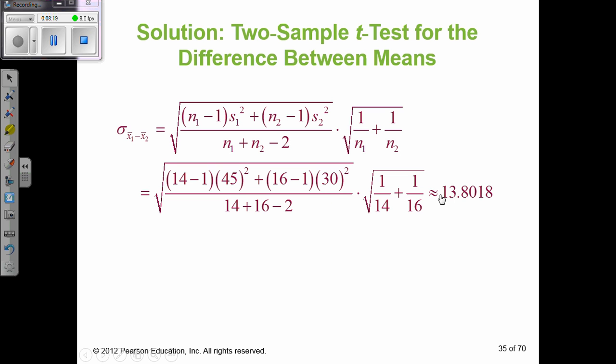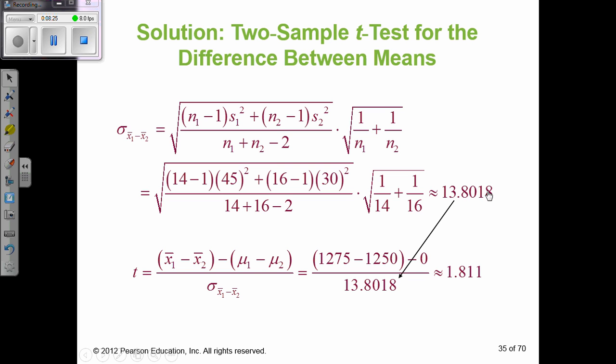And in the end, you should get 13.8018. Then we calculate the standardized test statistic, which is sample mean 1 minus sample mean 2 divided by the standard error that we just computed up here.